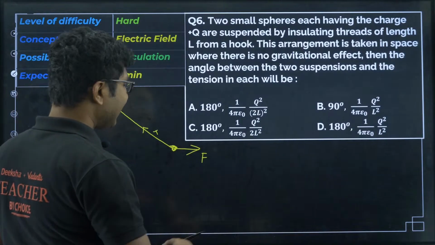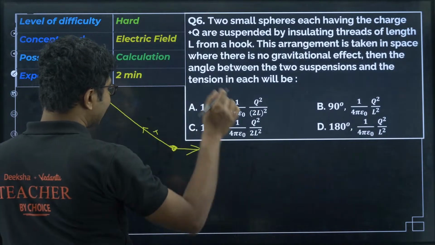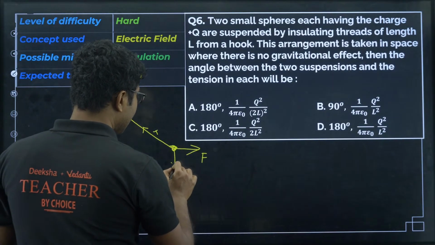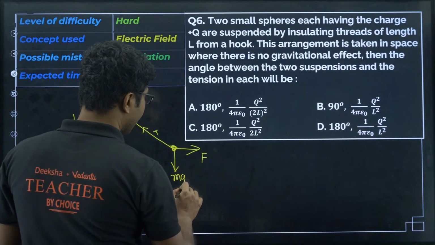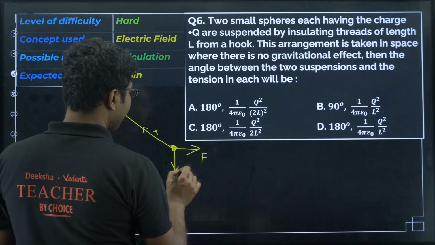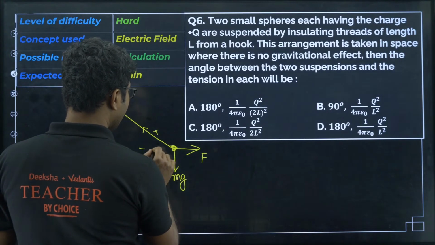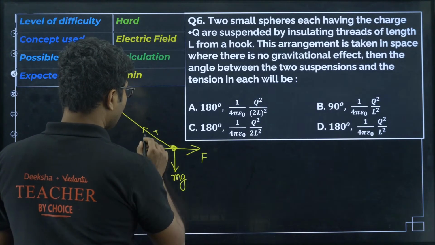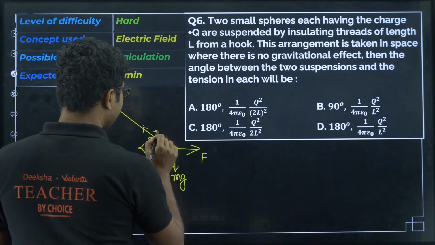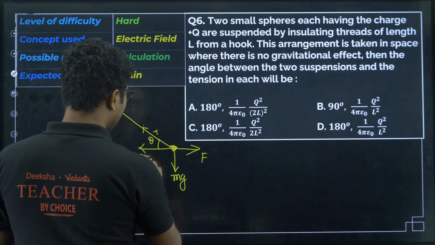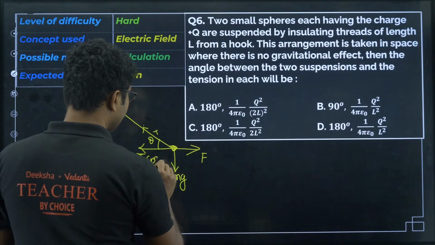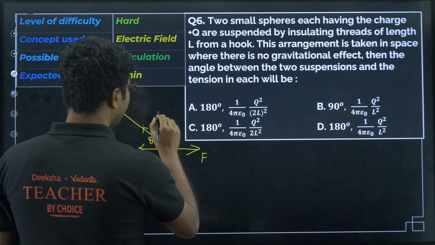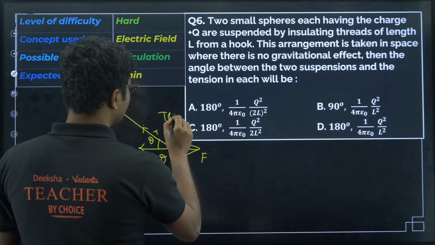Generally, when it is in the gravitational field, there is a component mg over here and that component mg balances everything. So there are three forces: one component of T along this, if this is theta then it is T cos theta, T cos theta is here, T sin theta is up, they balance each other.